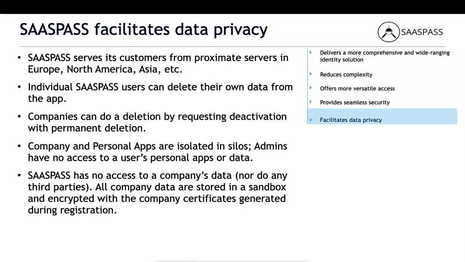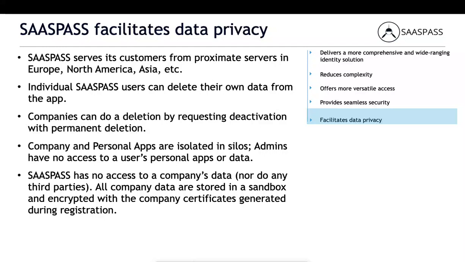SAASPASS.com itself has servers in different geographical locations, and it serves the users from their nearest servers. An individual SAASPASS user could delete their own data from the mobile application itself without the need to go to their company or to SAASPASS. If the information or accounts are about the company, then the admin or admins of the company are able to manage or delete them.